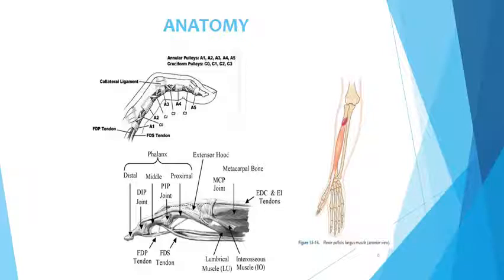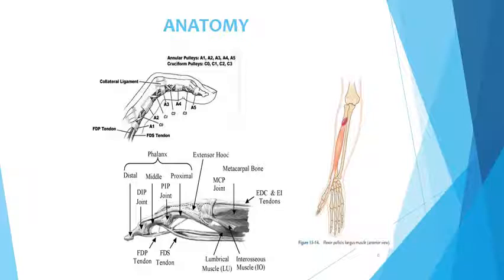And looking at the complexity of a digit from a side-on view, as seen below, you can see how the interosseous and the lumbrical muscles move from a palmar origin and insert dorsally.